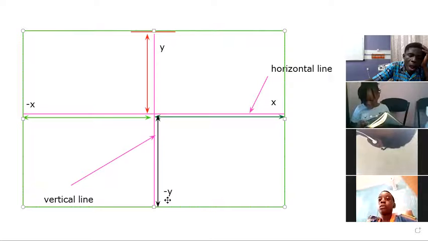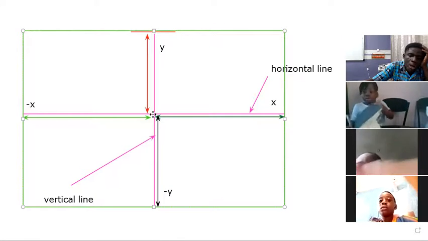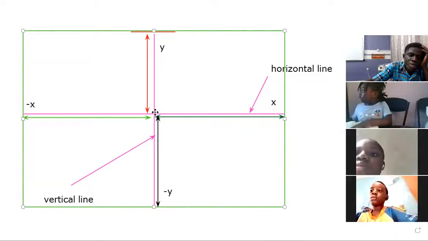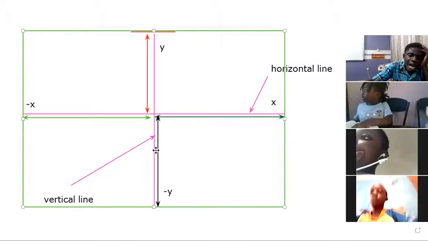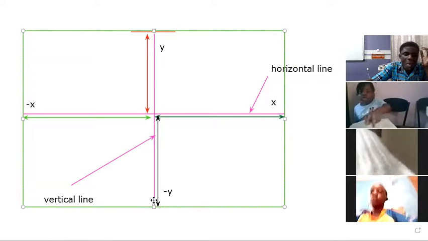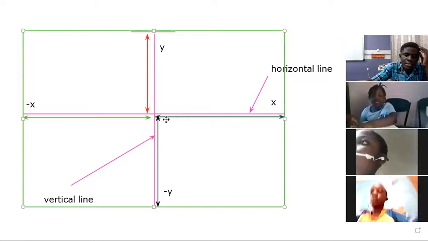So what the negative in front of the Y means is that all of this side of your line, later on we are going to be giving the line numbers. We are going to be putting some numbers along the line.